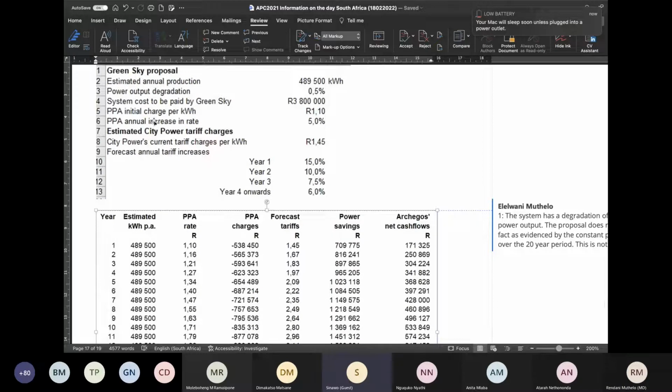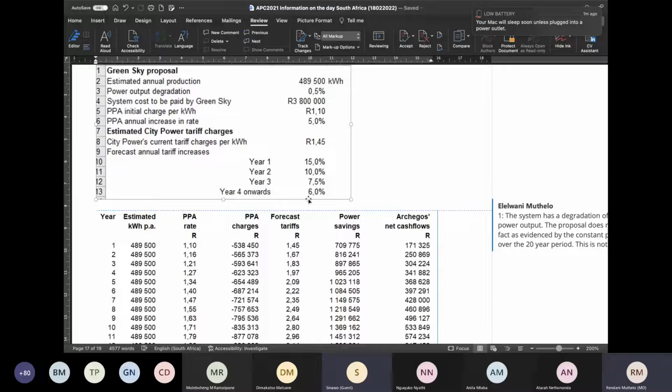Then they say the PPA initial charge is 110 and it will increase by 5% per annum. And then the estimated city power tariff is 145. The forecast is that in year 1 it will increase by 15%, in year 2 by 10%, in year 3 by 7.5%, and in year 4 onwards by 6%.